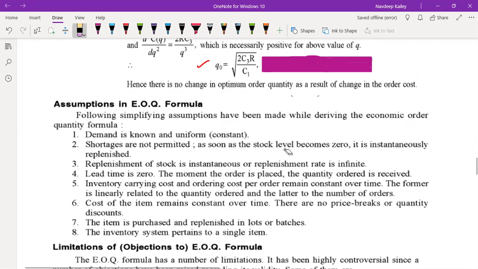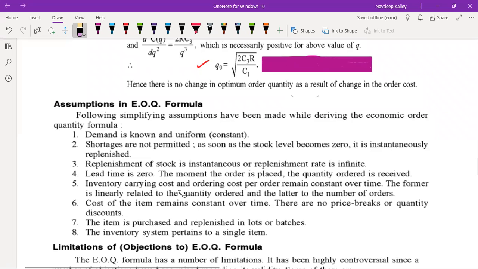As soon as the stock level becomes zero, it is instantaneously replenished. Replenishment of stock is instantaneous, or the replenishment rate is infinite. The next assumption is lead time is zero. The moment the order is placed, the quantity ordered is received. The next assumption is inventory carrying cost and ordering cost per order remain constant over time.